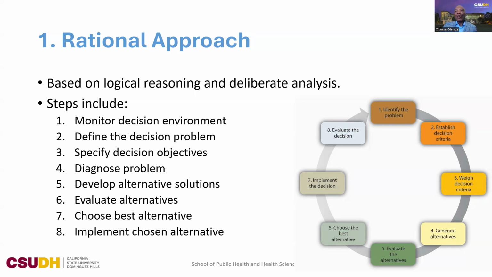This approach involves a logical, systematic process of evaluating alternatives and selecting the option that maximizes benefits or achieves the best outcome. It relies on clear problem definition, objective analysis, and careful comparison of choices.